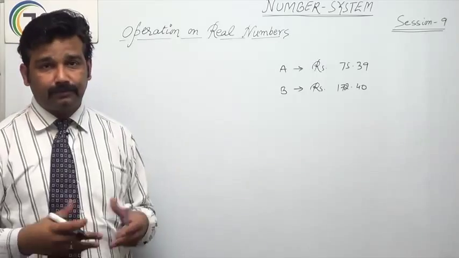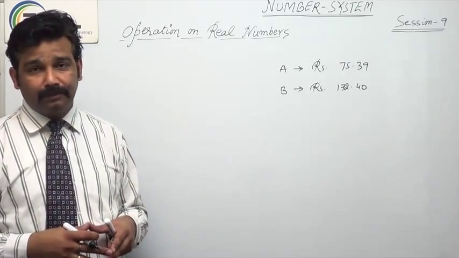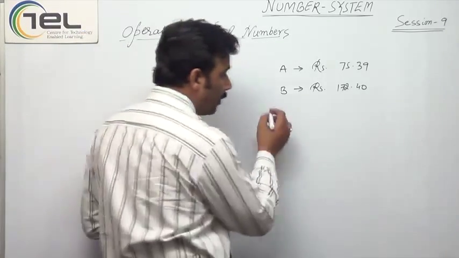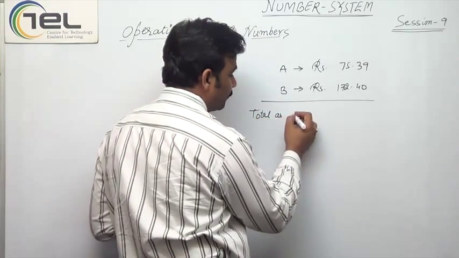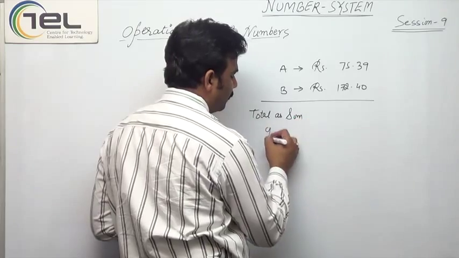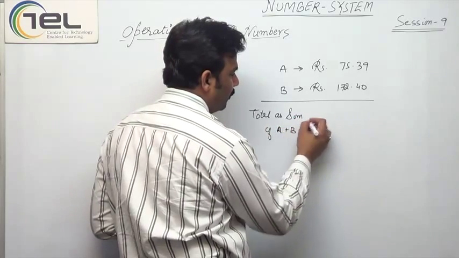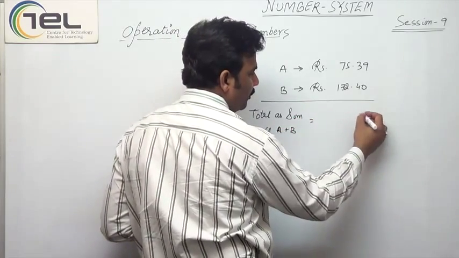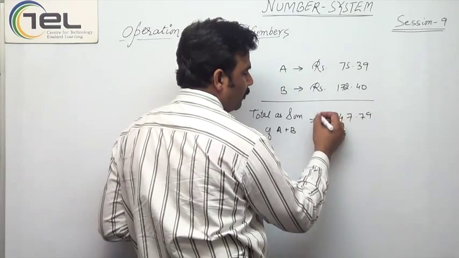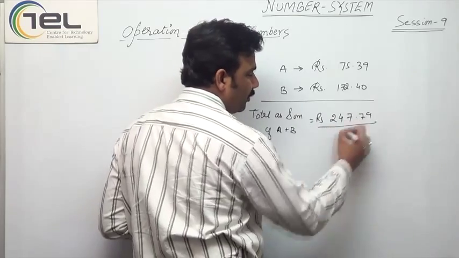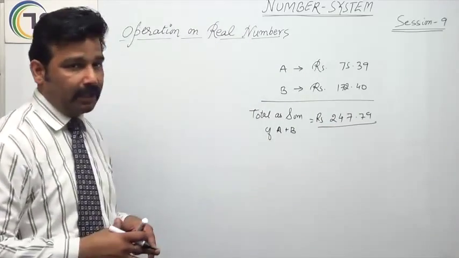What will you pay to the shopkeeper? You will pay the total as the sum of A plus B, which is 247 rupees and 79 paisa.